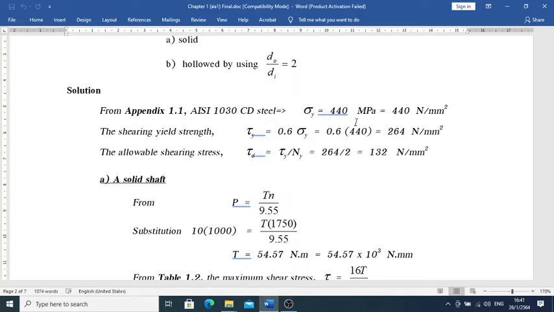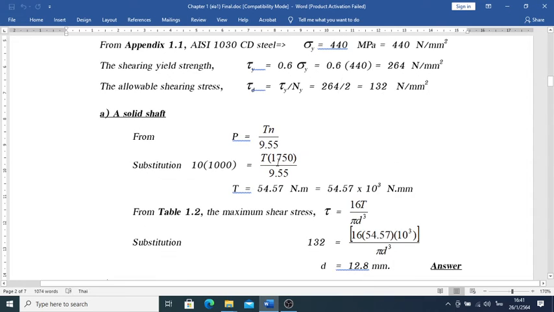And then tau design is given by n sub y equal to 2, so the tau design is equal to 132, respectively. This is for the solid shaft, number A, given by the problem set.